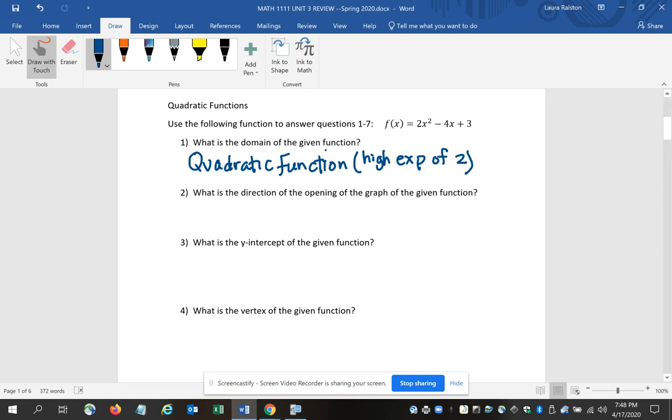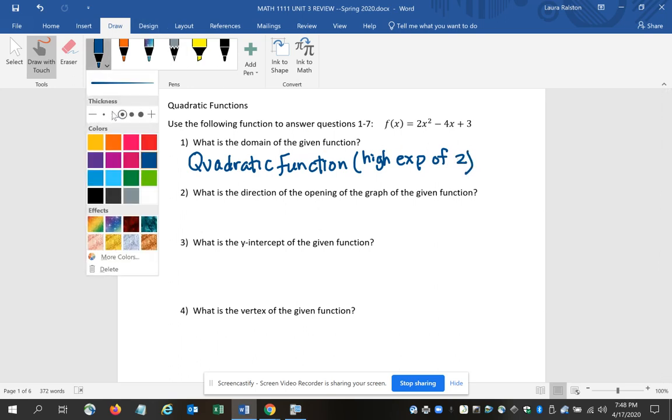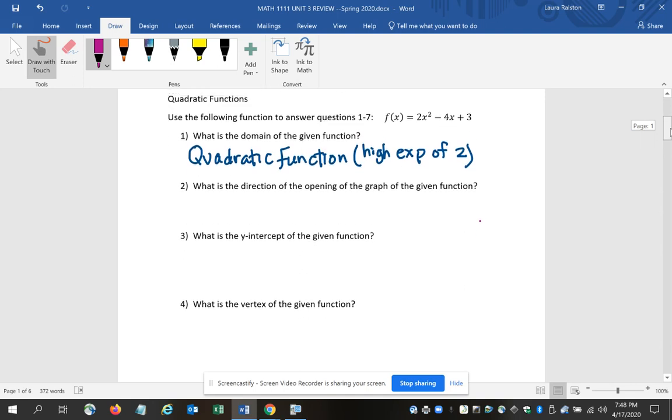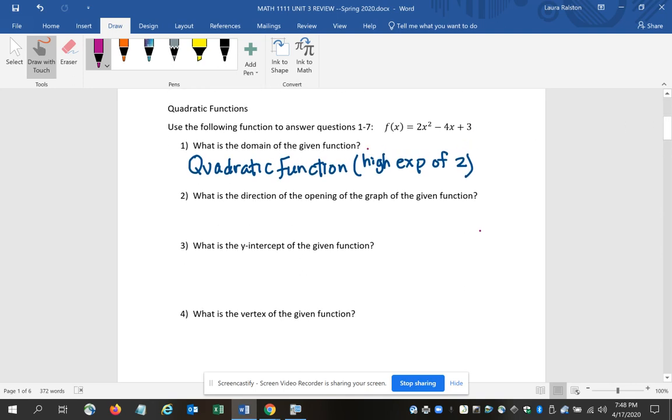And if you go back and look in your notes, I told you from the beginning with quadratic functions, the domain is always negative infinity to positive infinity. There are no restrictions because if you look at this polynomial function, it does not involve fractions nor does it involve radicals. Therefore, our domain is negative infinity to positive infinity for quadratic functions every time, all the time.